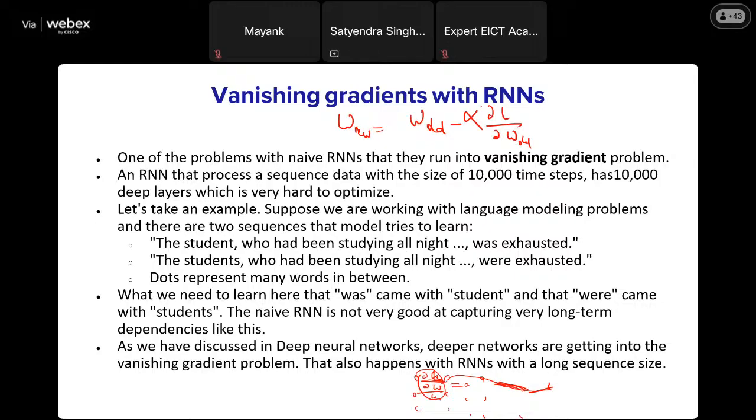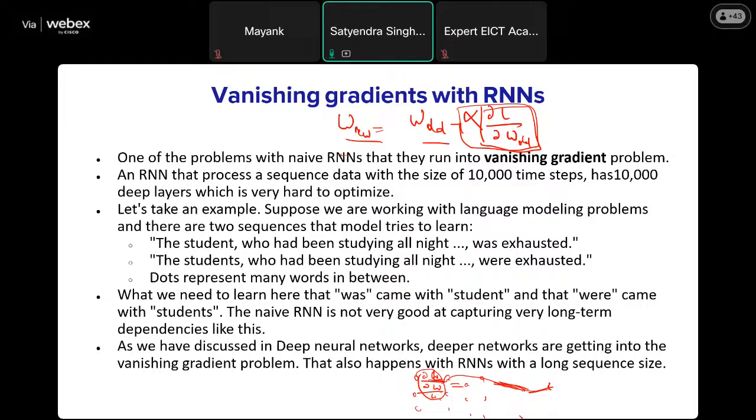So if this value is near to zero, your new weights are almost similar to the old weights. The problem is your weights are not updating, and eventually your model is not training or converging. When no training happens, your model is not learning.